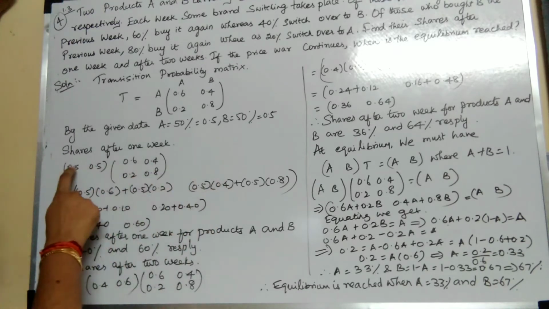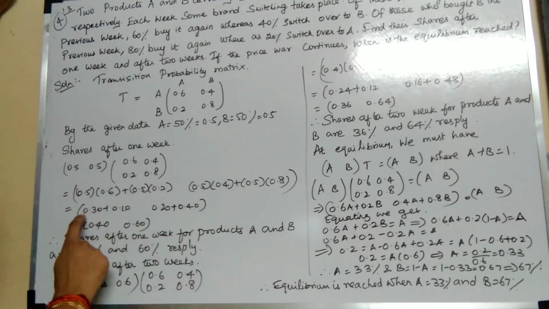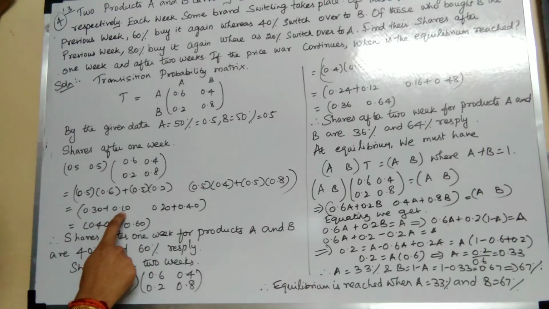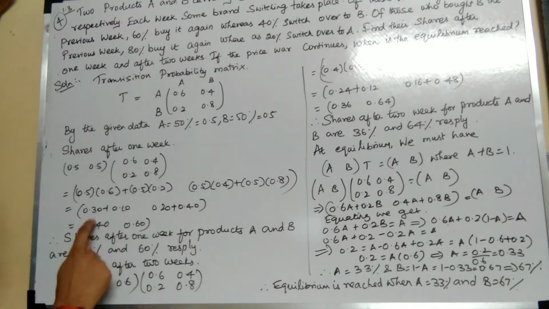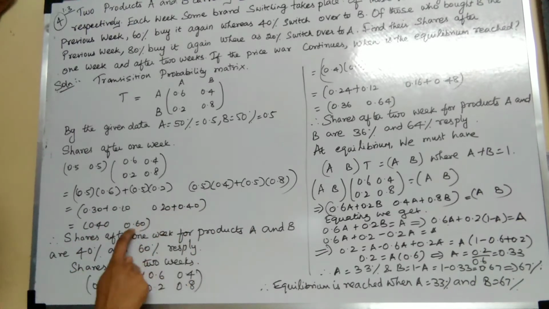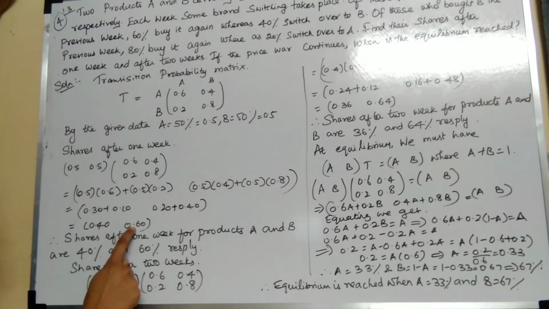Similarly, the next column: 0.5 into 0.4, plus 0.5 into 0.8. So you get 0.30 plus 0.10, and 0.20 plus 0.40. Adding, you get 0.40 and 0.60. That means 40% share A and 60% share B.